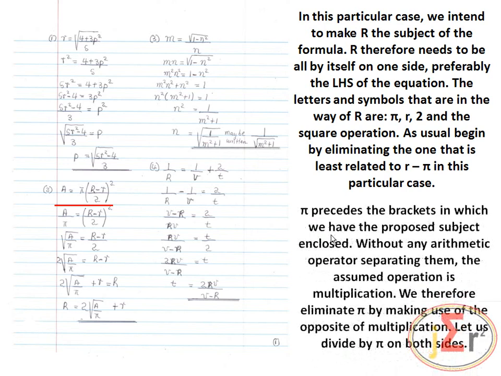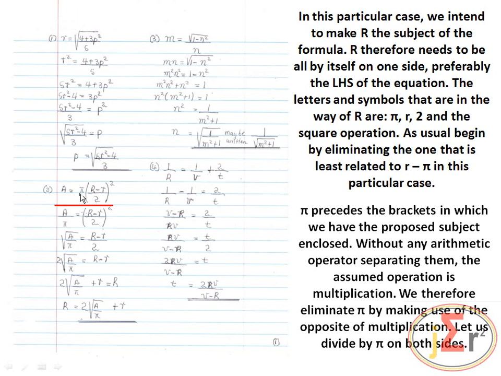So pi is the one that we will eliminate first. Notice that pi precedes the brackets in which we have the proposed subject enclosed. Without any arithmetic operator separating them, the assumed operation is multiplication.